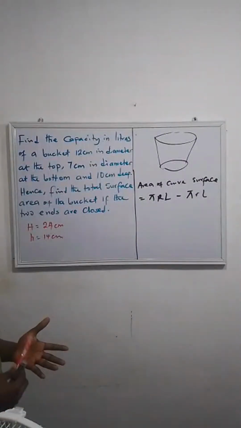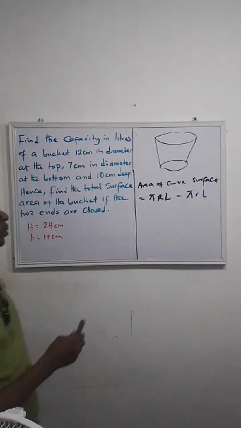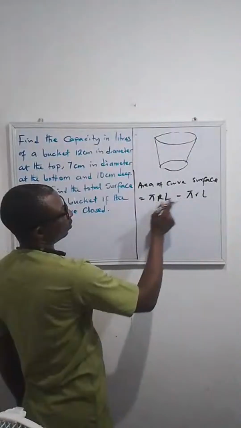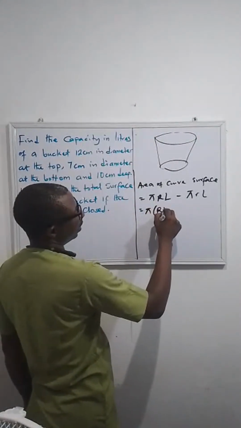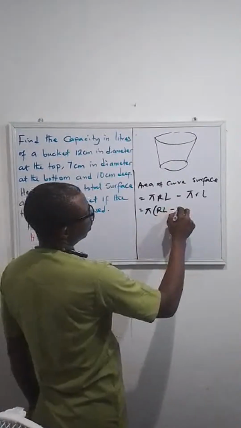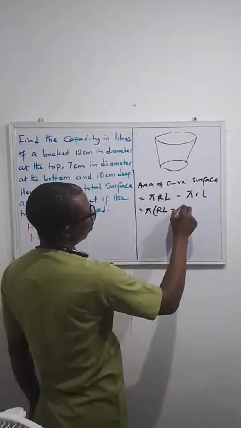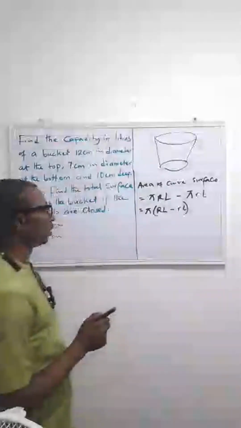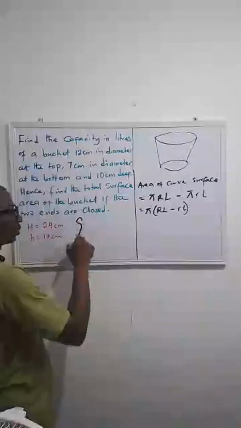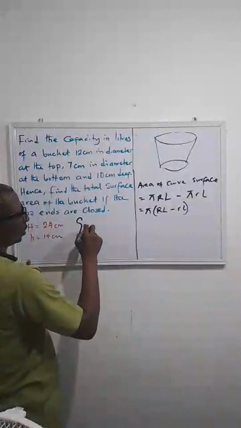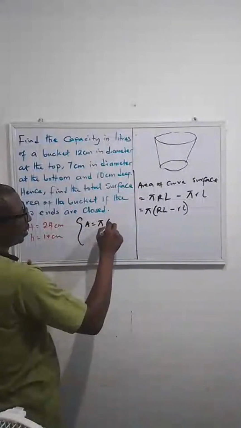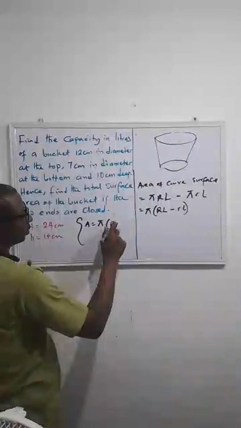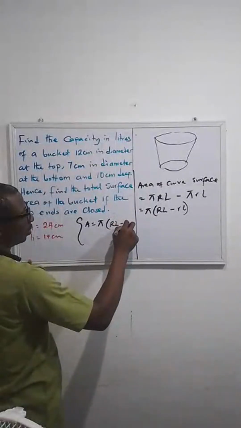So let us find, because we can factor out pi. So when you factor out pi, you have R L minus r l. Okay, so now let us keep our formula here. The area is going to be pi, R L minus r l.